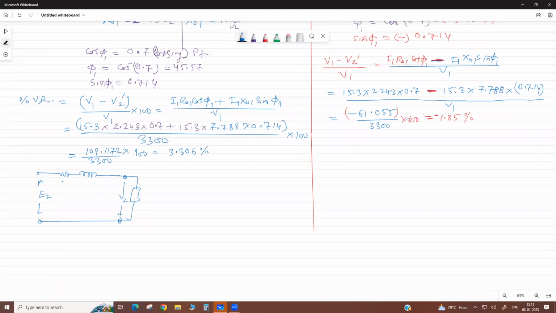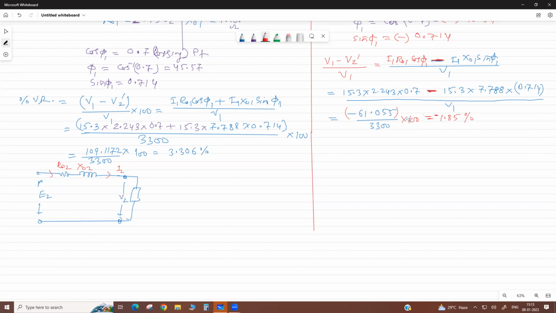Due to the drop in the secondary, R02 and X02, this voltage is V2. Now there is a load current, and when the load current flows there is a drop here.